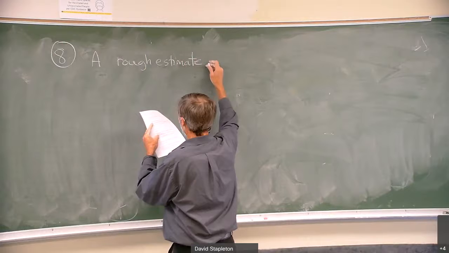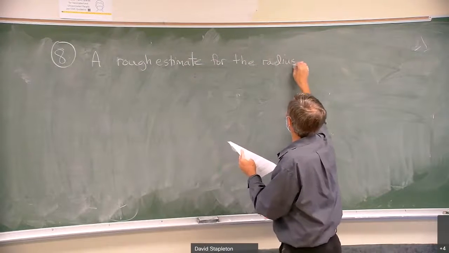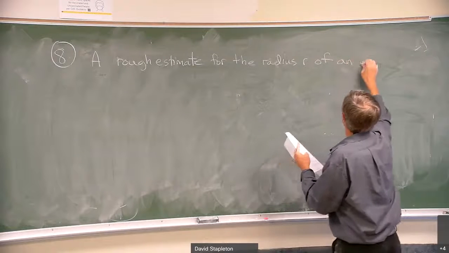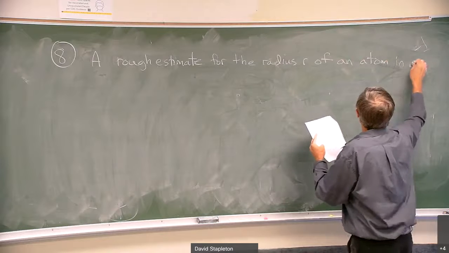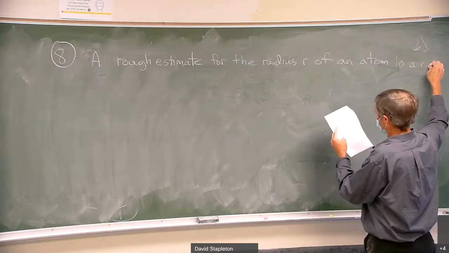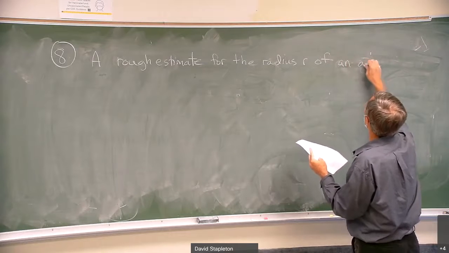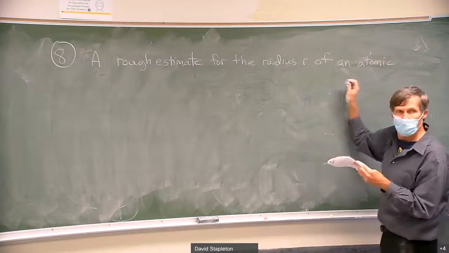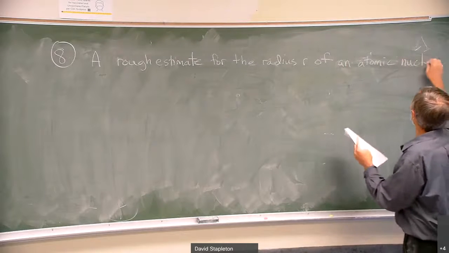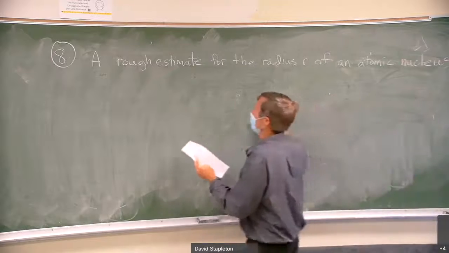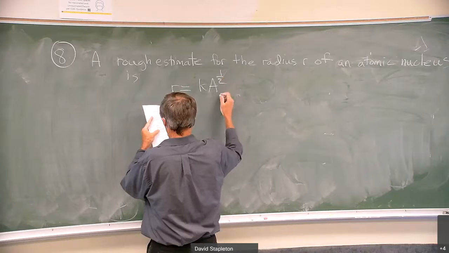The radius of the atomic nucleus is R equals K A to the 1/2, right?